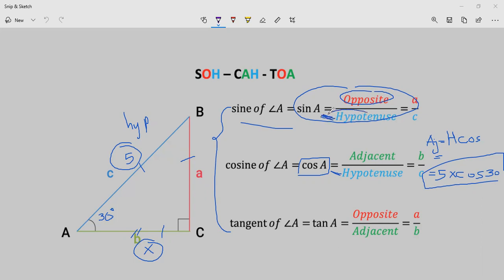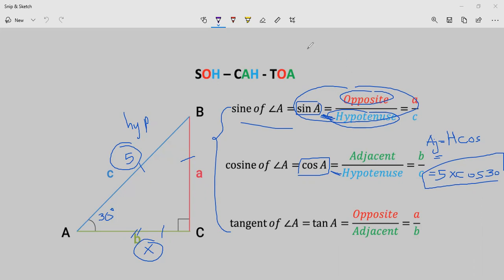If you want to find the hypotenuse, which is the denominator, you divide the opposite by the sine. If you want to find the sine, you divide opposite by hypotenuse. But if you want to find the opposite, you multiply the sine by the hypotenuse.